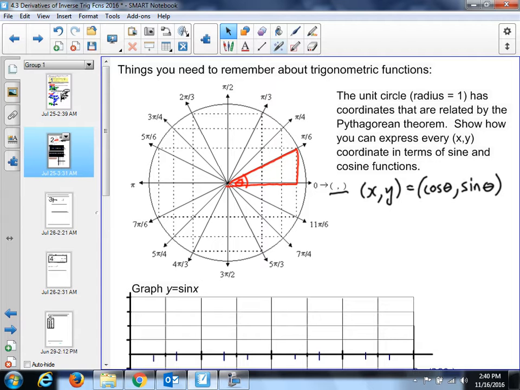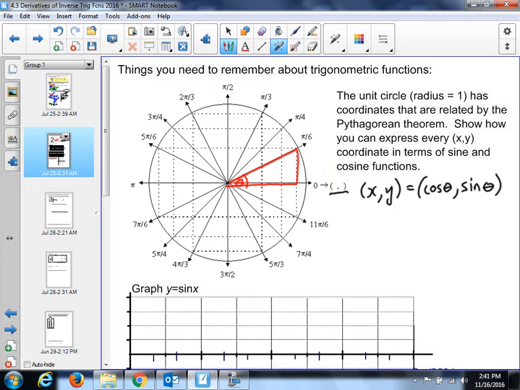You know the formula, but if x squared plus y squared equals 1, it should make sense that instead of x, you could have the cosine of theta, and then the sine of theta squared, added together equals 1 as well. That's the Pythagorean theorem. That's where it comes from.